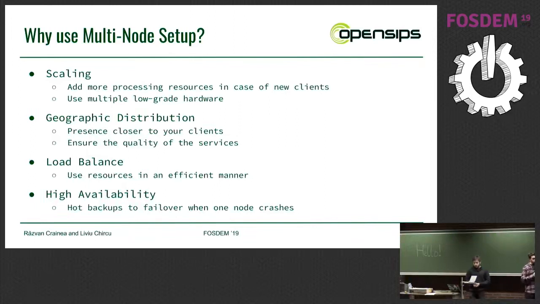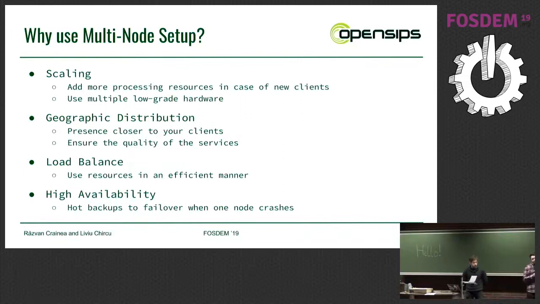You also want to do some sort of load balancing. For example, you don't want to power up a lot of resources to serve just a small amount of clients. You want to do that dynamically, depending on your platform or on your business size.